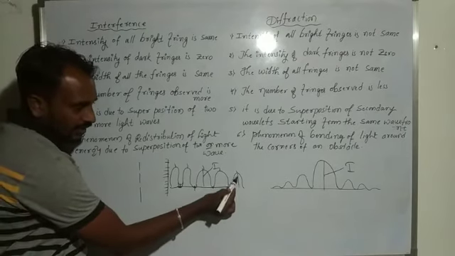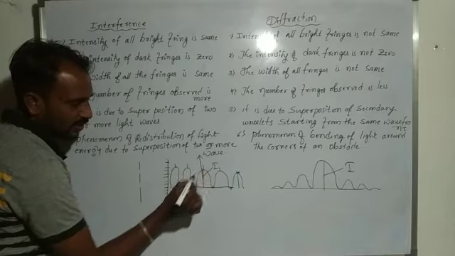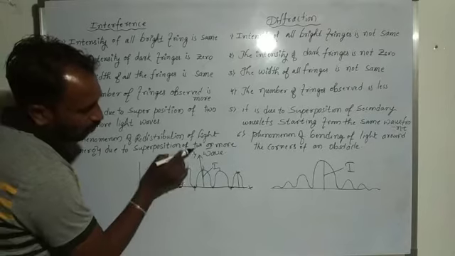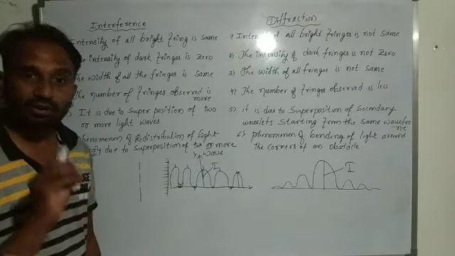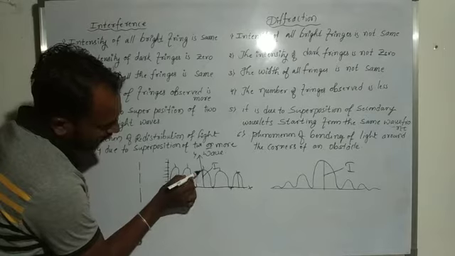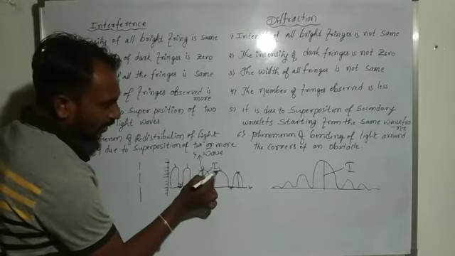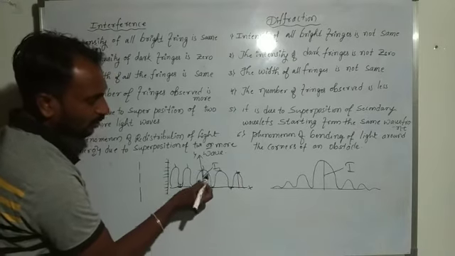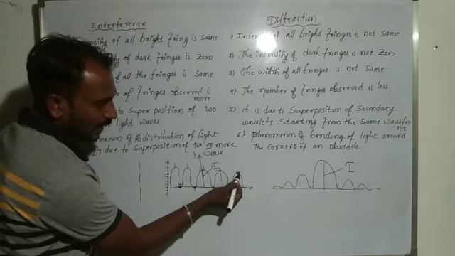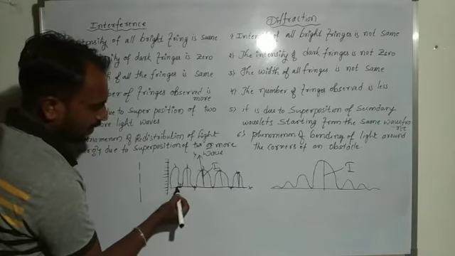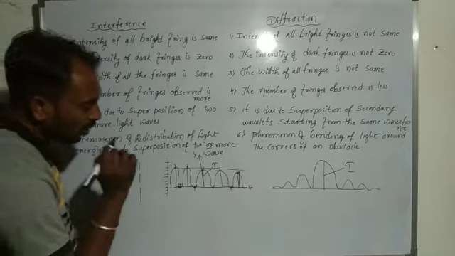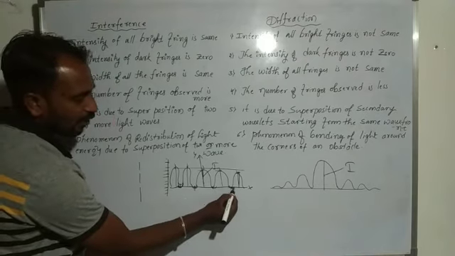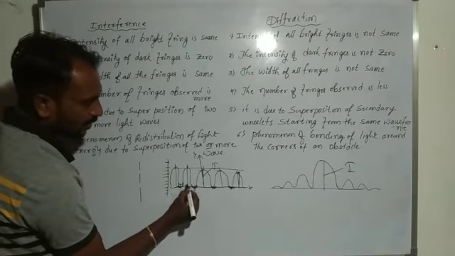In the graph, the y-axis is the intensity of fringes and the x-axis is the position. Intensity is maximum for the central maxima and the first and second maxima, and at the dark bands the intensity is completely 0.